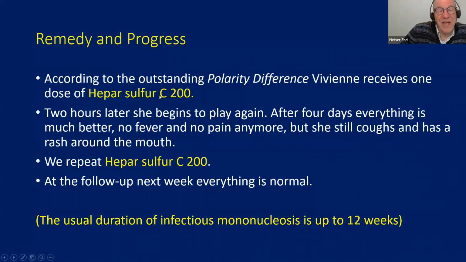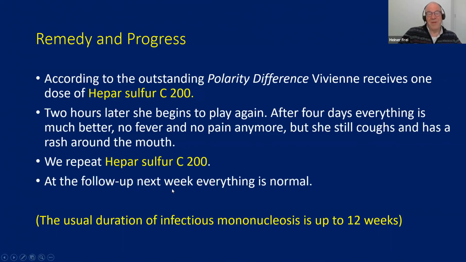So I give her hepar sulfuris C200. 2 hours later, she begins to play. After 4 days, everything is much better, no fever and no pain anymore, but she still coughs and has a rash around the mouth. Because hepar sulfur has been so successful, I just repeat the dose.